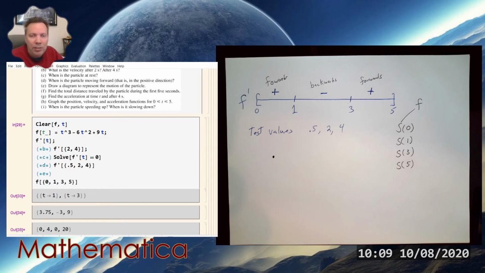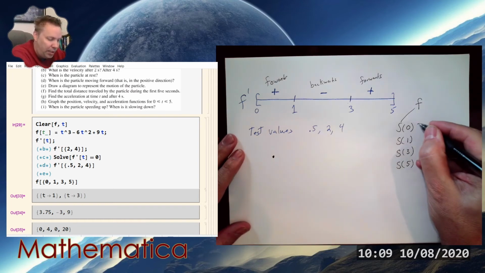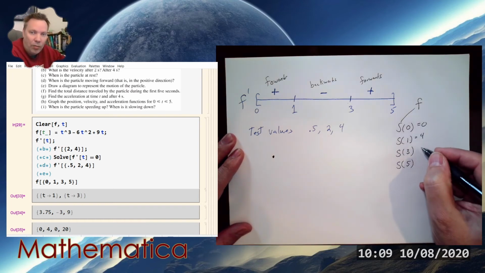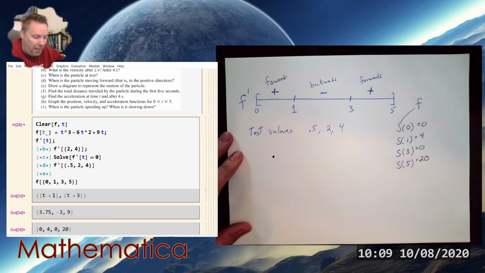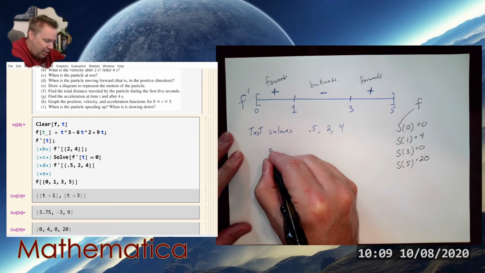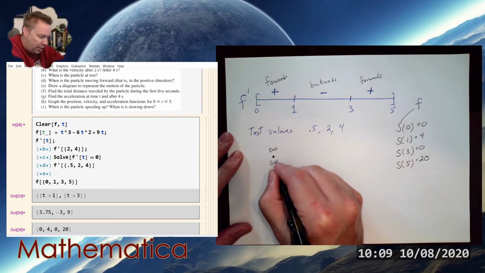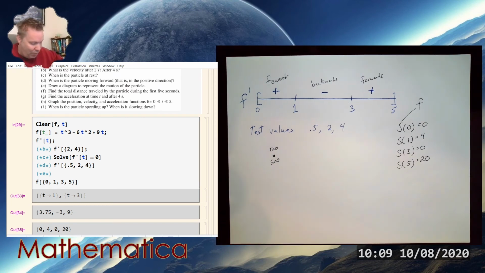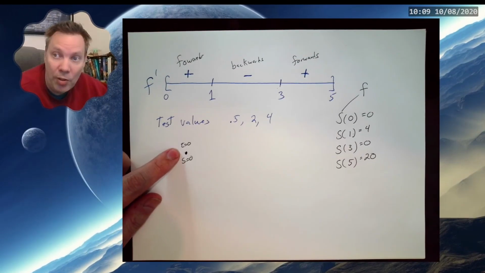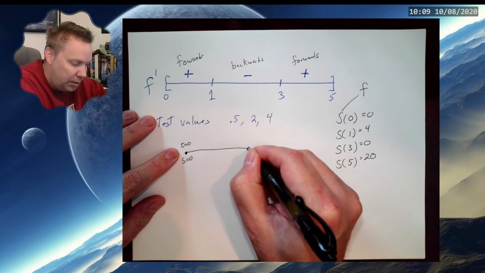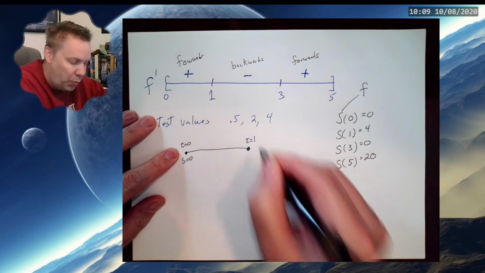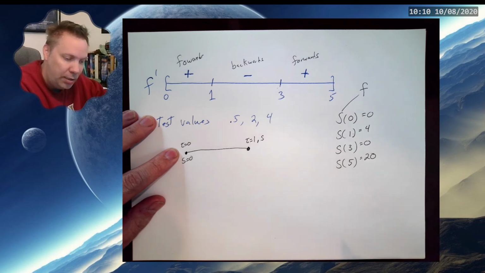I wind up getting output 0, 4, 0, and 20. I'm going to transfer that to my paper here: 0, 4, 0, and 20. So that means I am going to start at t equals 0 with a position of 0. That's what I would like to write on this first starting place. It moves forward 1 second to t equals 1 with a position of 4.